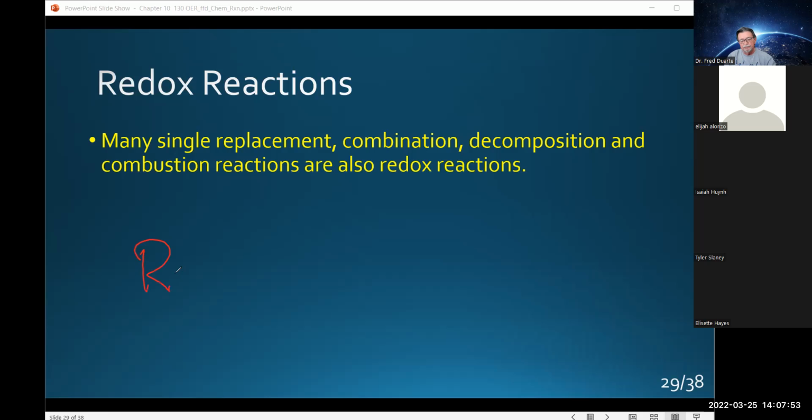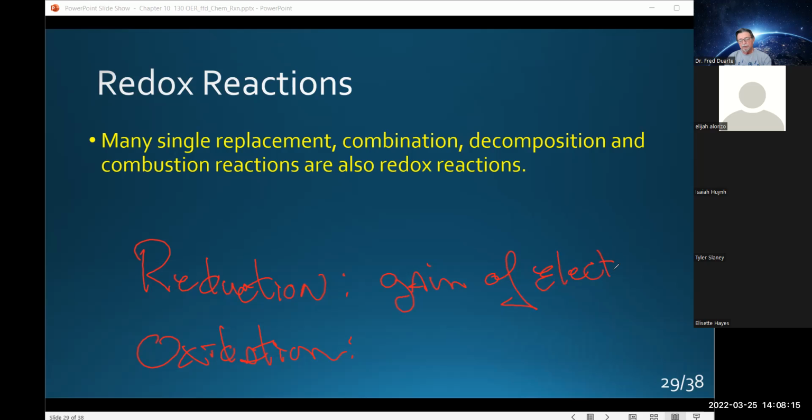Well, reduction is what we call gain of electrons. When a metal gains electrons, like in the single replacement reaction, it becomes an element. That gain of electrons is called reduction.